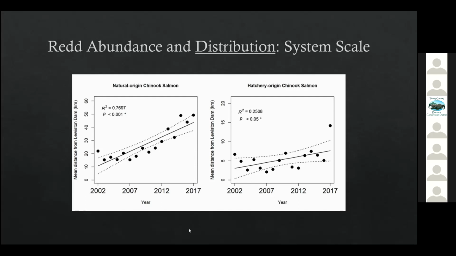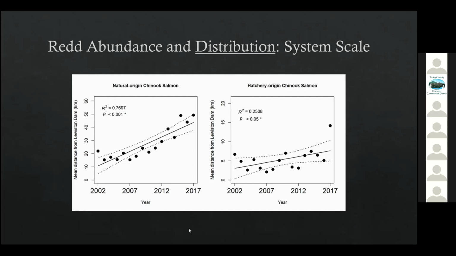Our best tool for redd distribution is actual redds. We can't use carcasses for that. And that's a point for this year where we stopped sampling for redds. Escapement estimates will be used with carcass mark recapture in reaches 1 and 2.